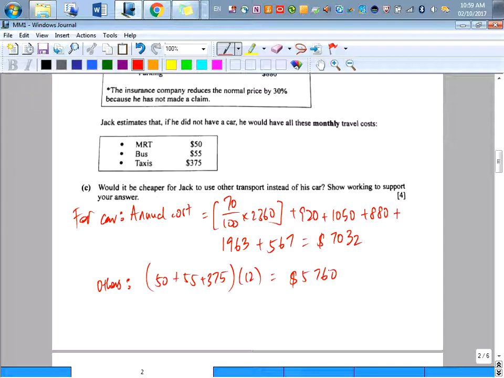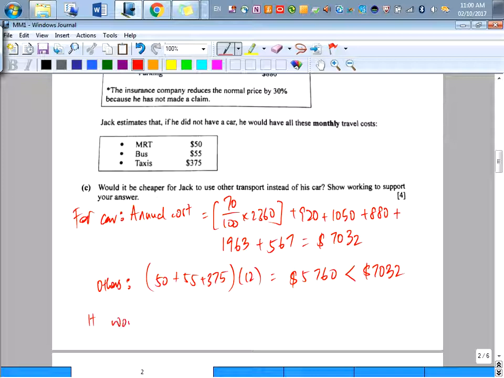Okay, now that I have this, how do I present my answer? I mean, it's quite clear, right? Which one should he be choosing? Should be choosing others. So what we can do is, from here, we want to show that we are comparing. So show an inequality sign. This is less than 7032. This 7032 came from the annual cost for the car. So now we put in our conclusion.